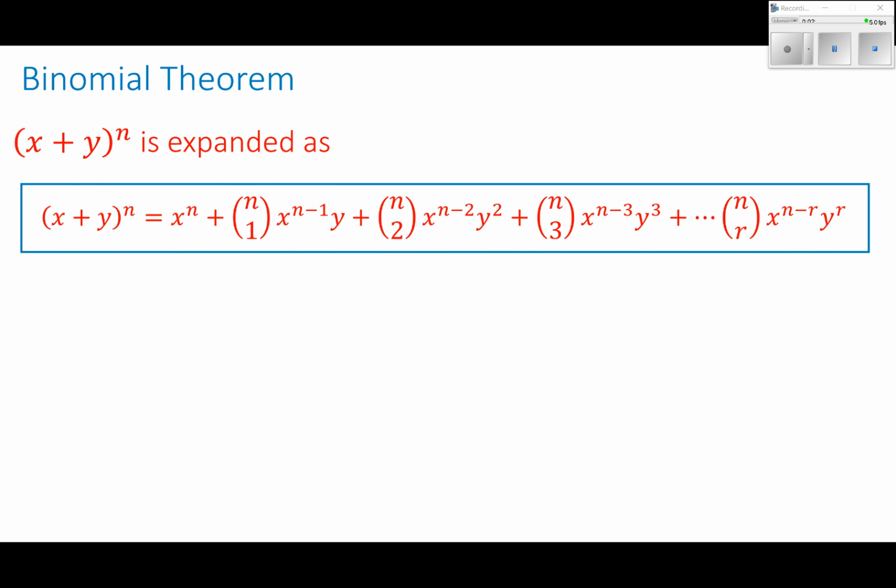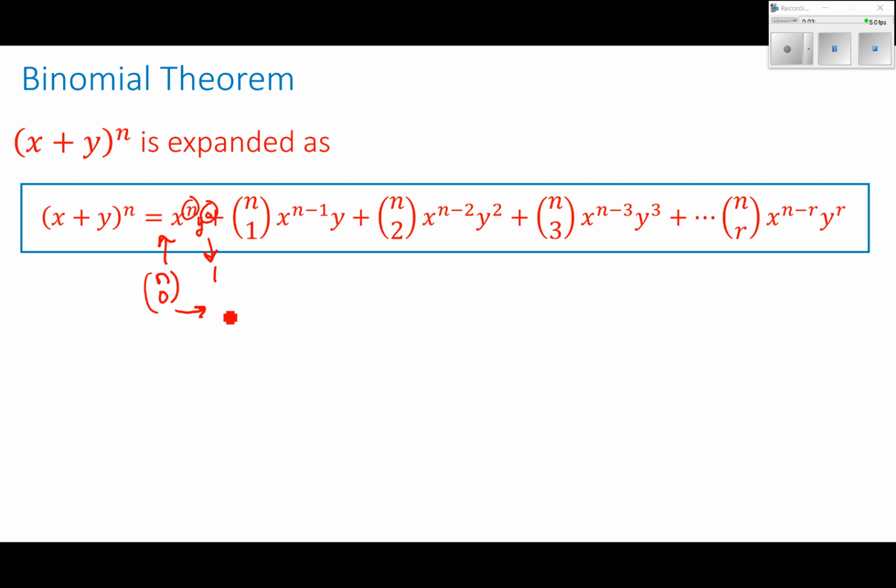So the binomial theorem, if we were to expand x plus y raised to the n power, would look like this. This looks long and nasty, but it's pretty intuitive. It just follows a pattern. This first term is x to the n, and we've established that the very first term is just going to be x to the n. I mean, it's y to the 0 power, which is just 1, so we're not writing that. I don't have an n choose anything on the first one that's written, because really it's n choose 0.